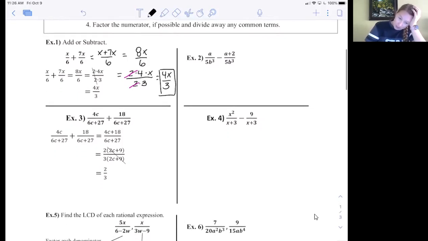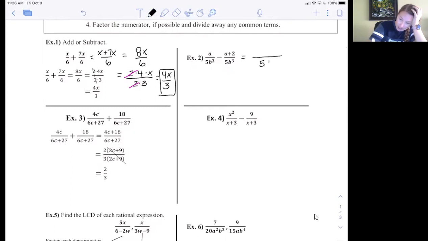Okay, I'm going to skip over to example 2. My first thing, I see that I'm subtracting and I need to make sure the denominators, the bottom, match. On this one I have 5b cubed and on this one I have 5b cubed. So they're the same, which is great. Now I'm just going to subtract them.